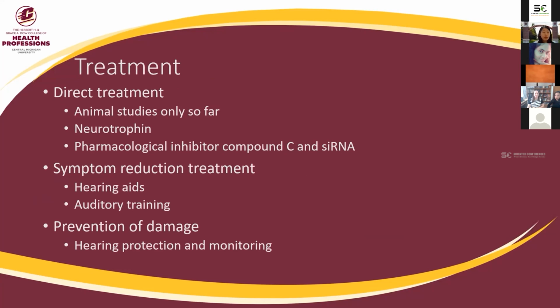Well, studies have been trying to find treatments for hidden hearing loss, but so far, the effective direct treatments are only for animals. For humans, we're still focusing on symptom reduction treatment and the prevention of damage.